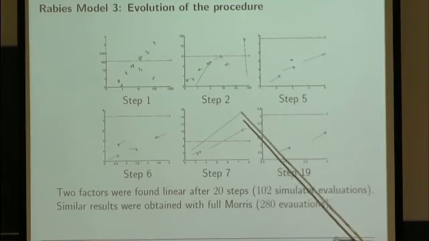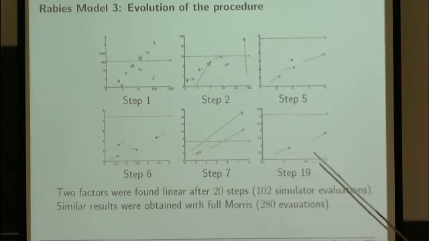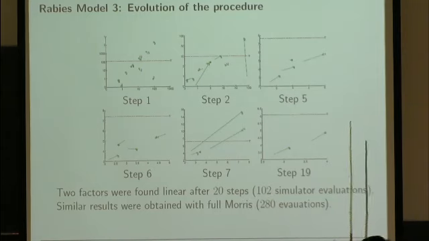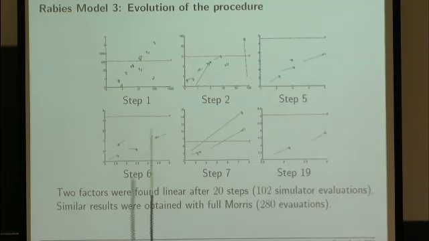Notice that the threshold is going gradually down. And eventually, final step, these just remain there. So 2 factors were found linear after 20 steps, involving 102 simulator evaluations, and similar results were obtained with a full Morris with 280.